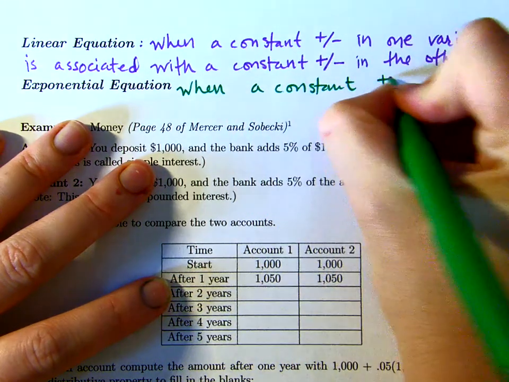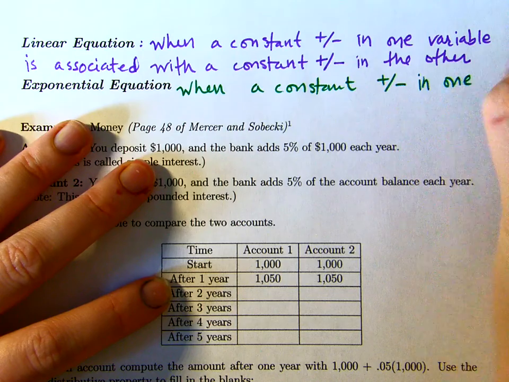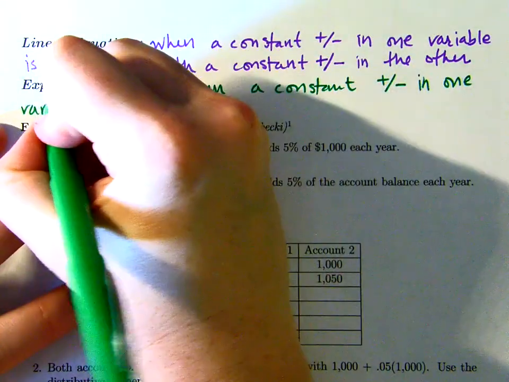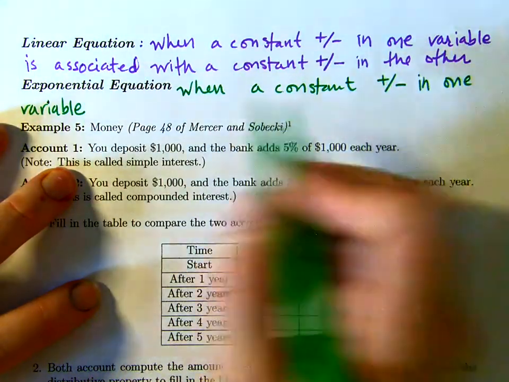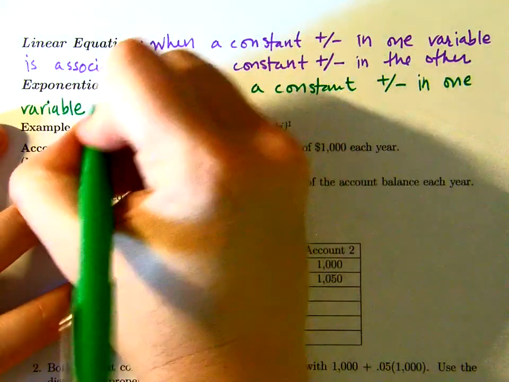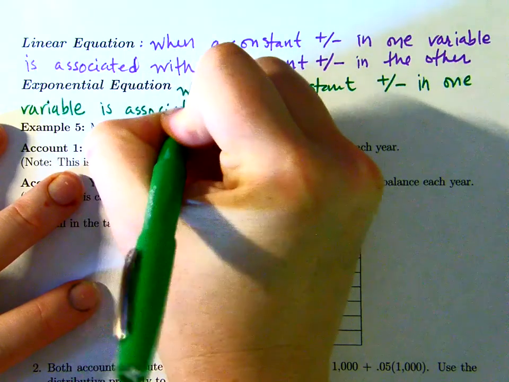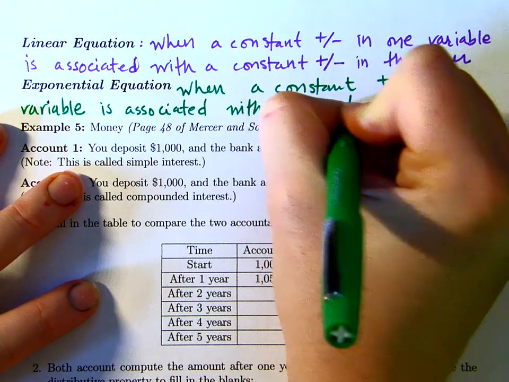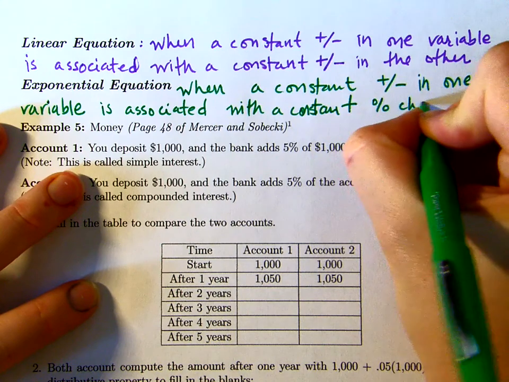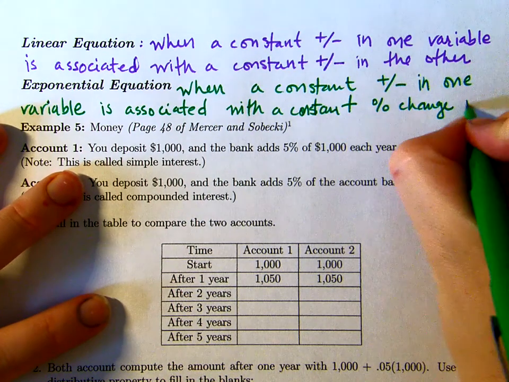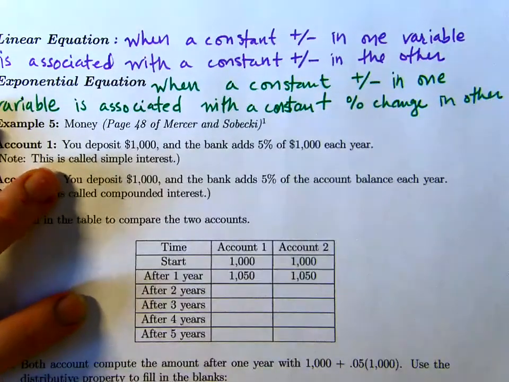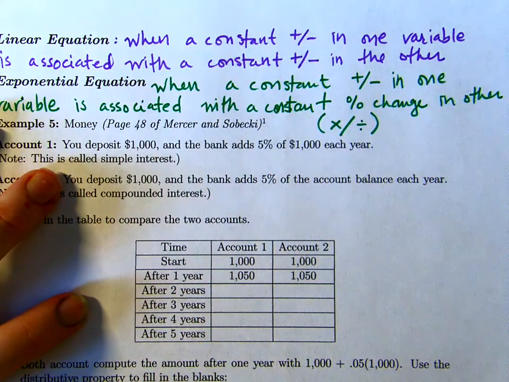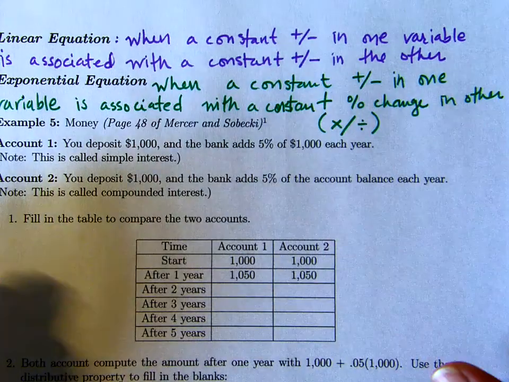When a constant increase or decrease in one variable, and I really mean the independent variable or the explanatory variable there, is associated with a constant percent change in the other, or as I would like to put it, a constant multiplying factor or division factor in the other.